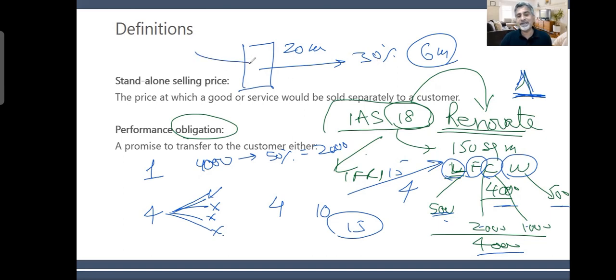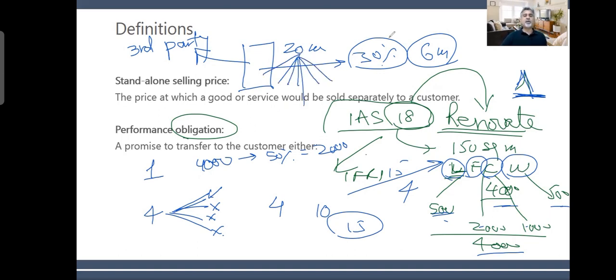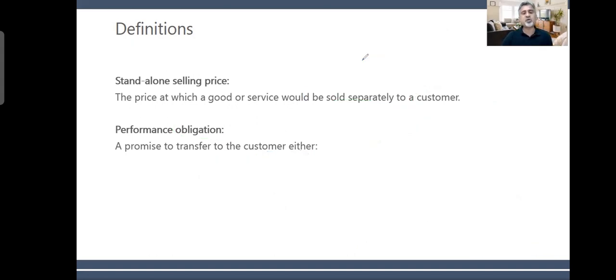Of course, we did have third-party surveyors because this 30% must be approved by some third-party surveyor who would come in. But again, the third-party surveyor was also not able to do it accurately because you never mentioned what the 20 million consists of. Now what you are doing, you are breaking down the one contract into different performance obligations.